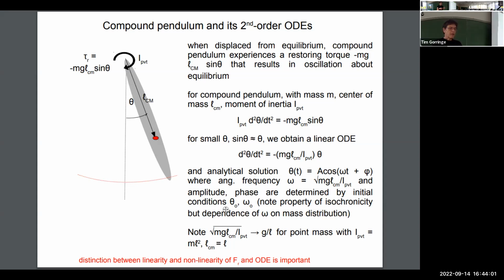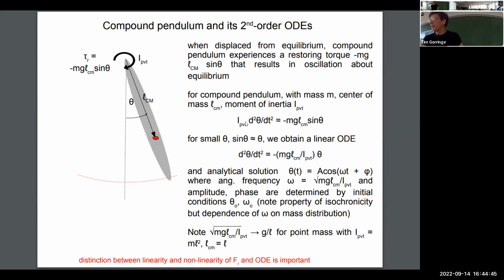And if you use Newton's law of rotational motion rather than Newton's law of translational motion, which relates the torque to the moment of inertia times the angular acceleration, just like F equals ma relates the net force to the linear acceleration, then the combination of that with the restoring gravitational torque gives you this differential equation here.